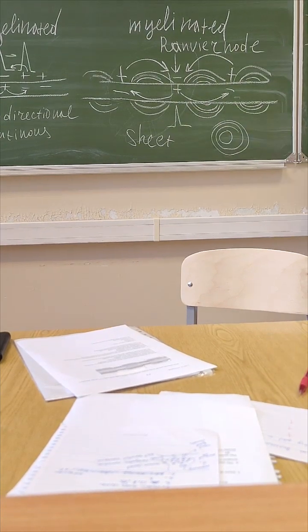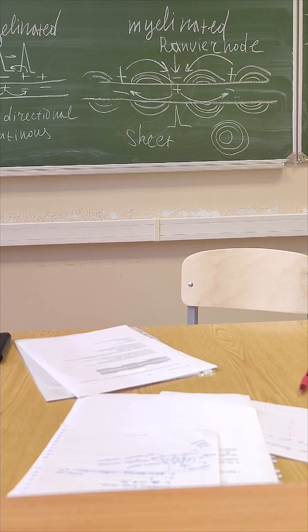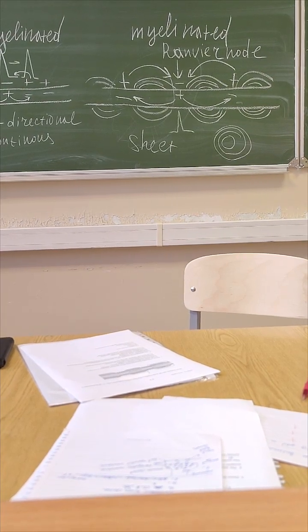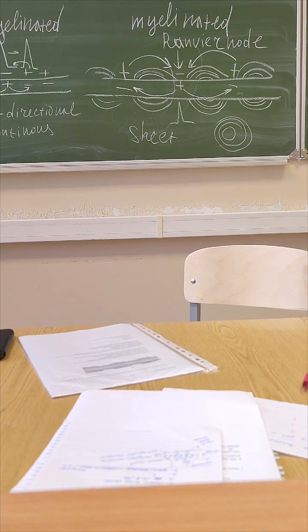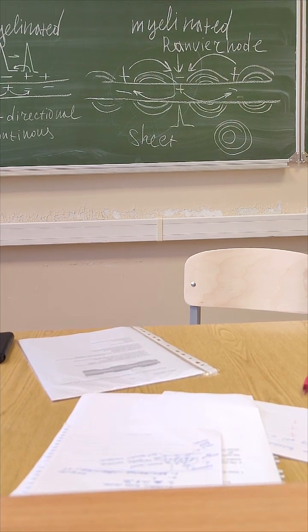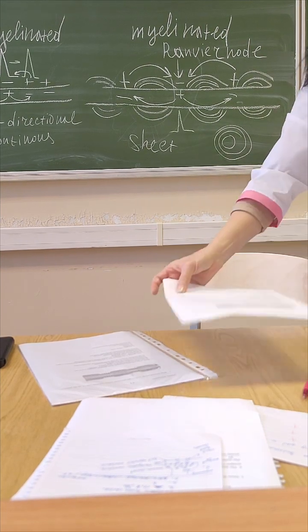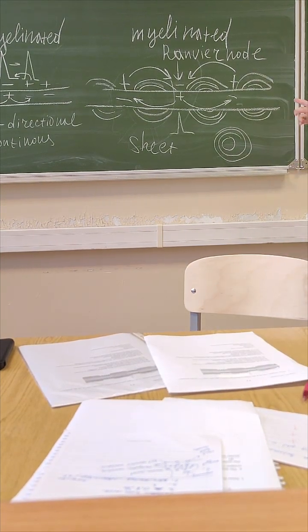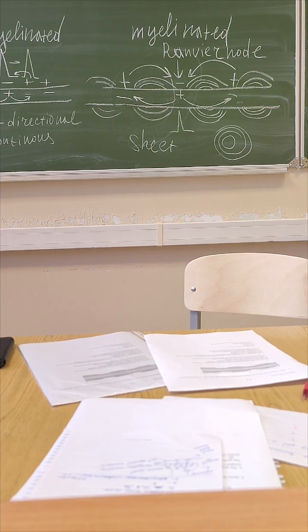The nodes of Ranvier contain mostly voltage gated sodium channels.